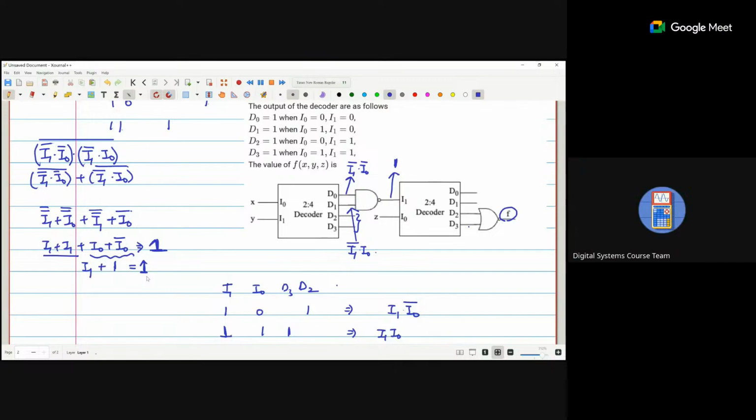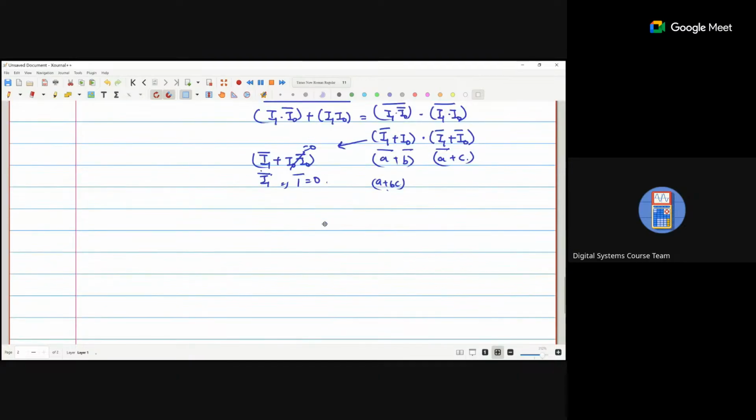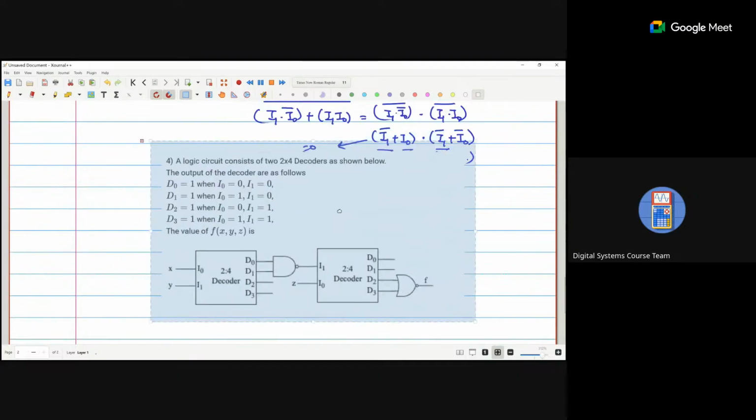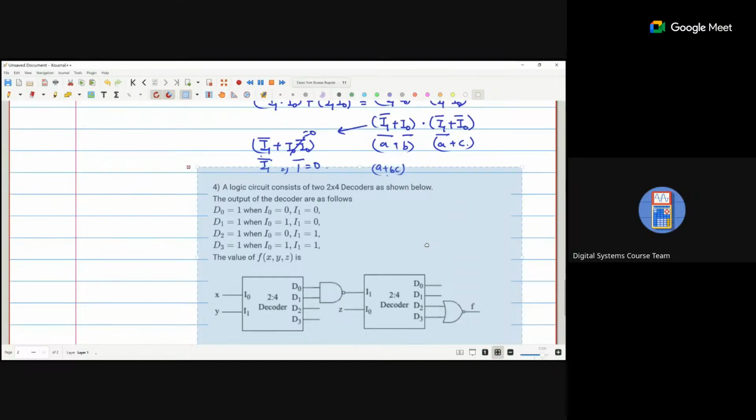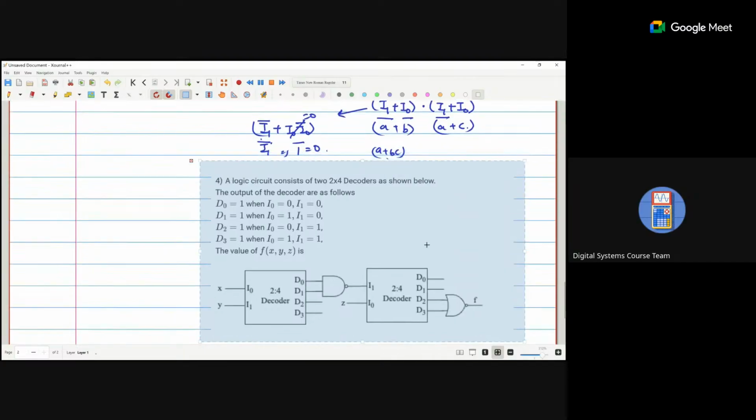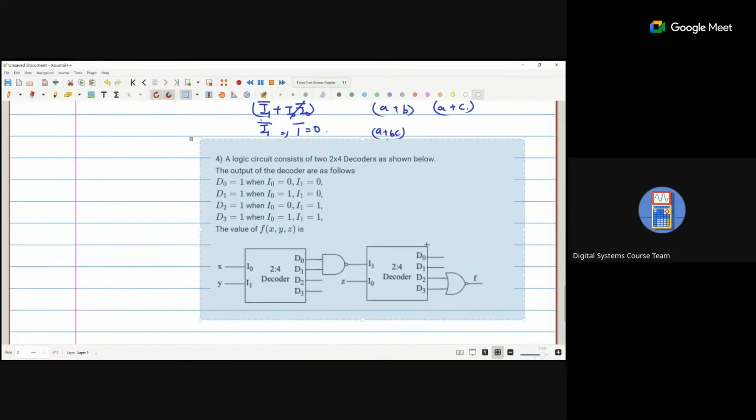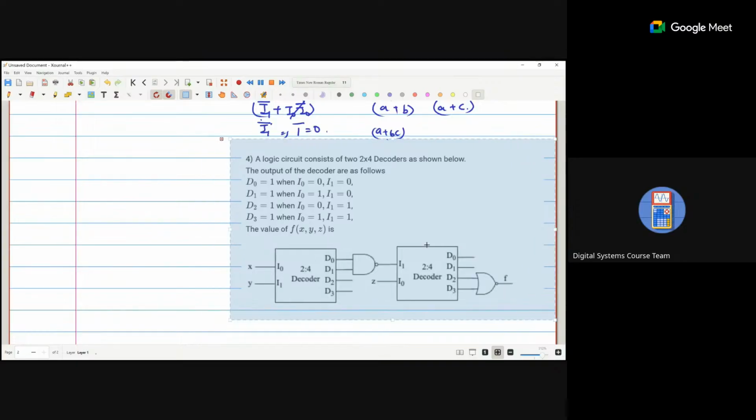Okay. In a similar type of question, I think you have a graded assignment. So I just solve this particular one with some logic changes. What I should do here is that the circuit I'm not changing, I just change the logic.